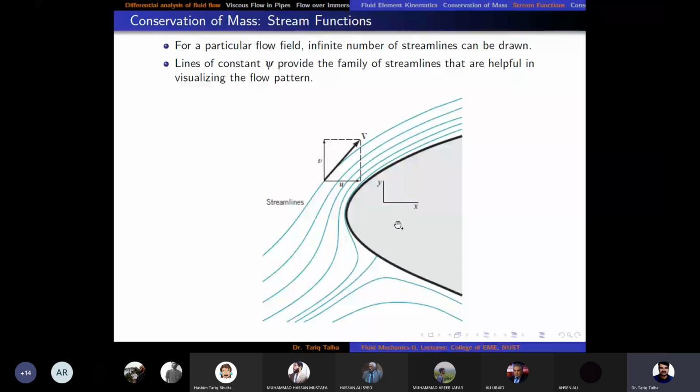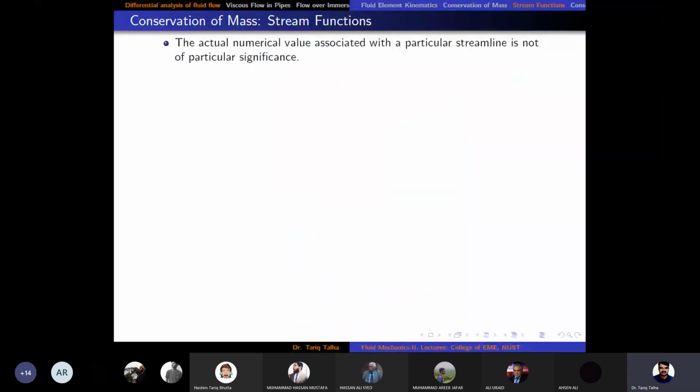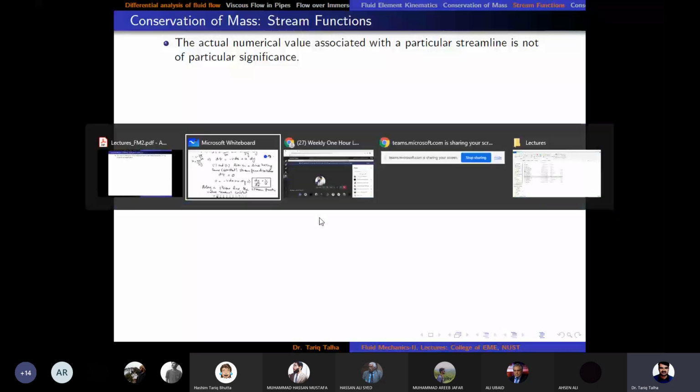That only depends on whether we give that option in the software. So streamline, why do we need it? It tells us which direction the fluid is taking along the flow. And this stream function value is constant.